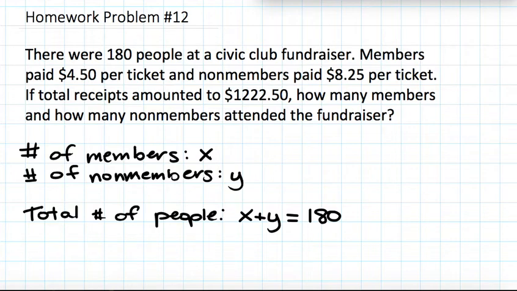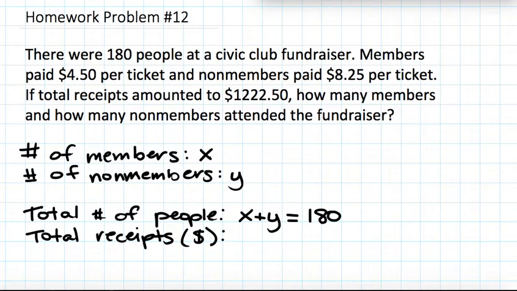The second equation is going to have to do with the total amount of money, or the total receipts. So I know that each member paid $4.50 and each non-member paid $8.25.